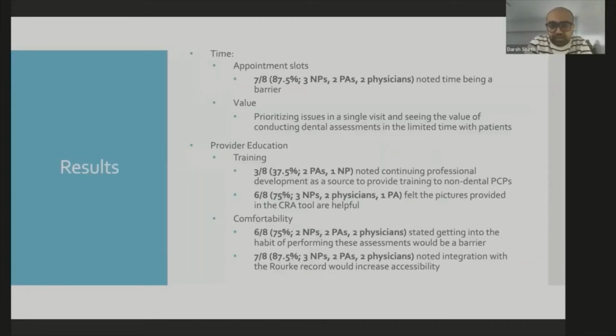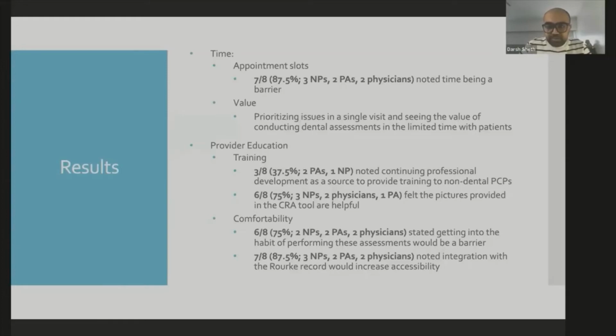Breaking down my results, I had some numbers to share from my focus group sessions. When talking about time, I expanded to appointment slots, and a significant portion, about 7 out of 8 participants, noted time being a barrier. Obviously, in primary care settings, we're focused on the appointment slots that we have, whether that be 15 minutes or 30 minutes, depending on whether it's fee for service or a salaried primary care provider.